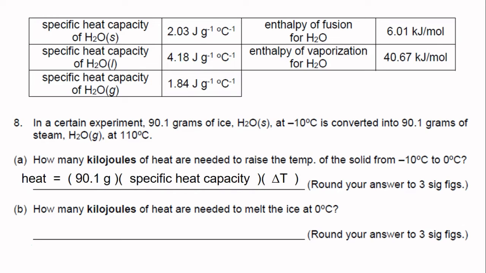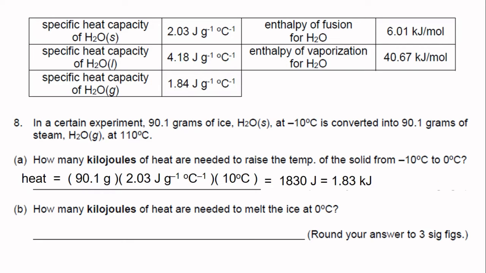The specific heat capacity of solid H2O is 2.03 joules per gram degrees Celsius, and the change in temperature is 10 degrees. We were asked to round our answer to 3 significant figures, so we'll go ahead and do that. The answer we get is 1,830 joules, and they want that in kilojoules, so we'll say 1.83 kilojoules for part A.